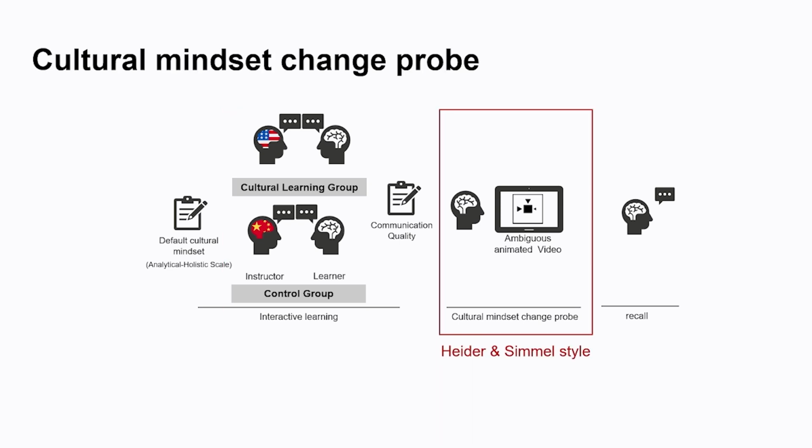After the cultural learning, the learners were required to watch a seven-minute ambiguous video in the style of the Heider and Simmel video.